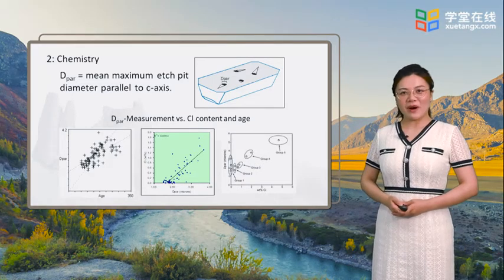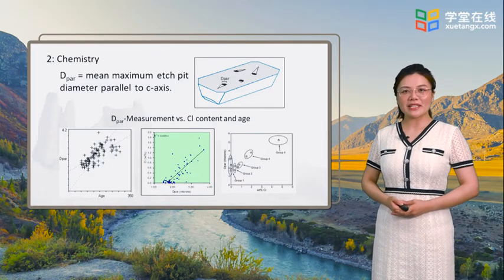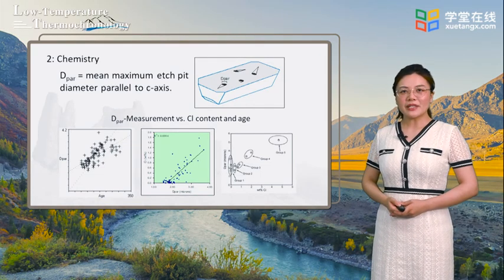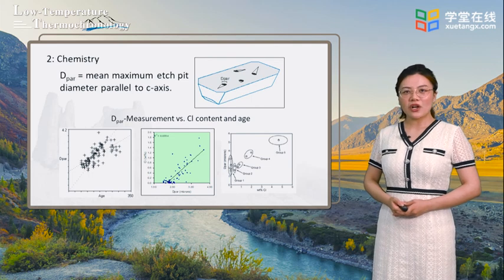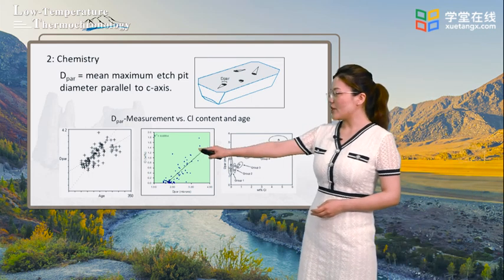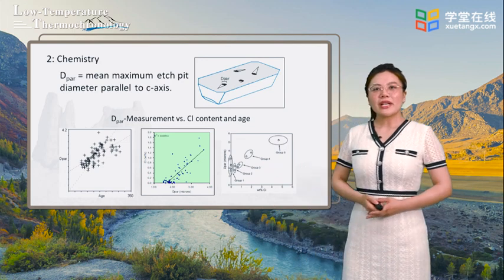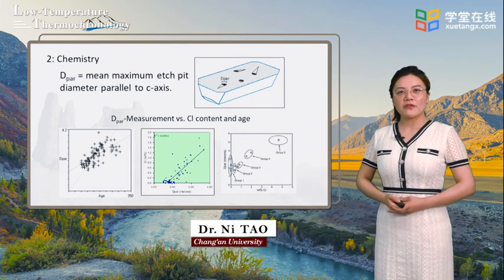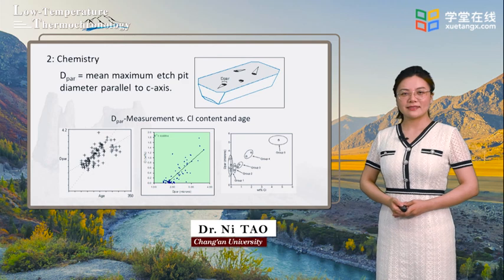The parameter Dpar is defined as the mean maxima etch-pit diameter parallel to the c-axis. For example, here, the figures show that Dpar measurement shows clear correlation with the chlorine content and with FTH, indicating that Dpar is an important chemistry parameter for fission track dating.